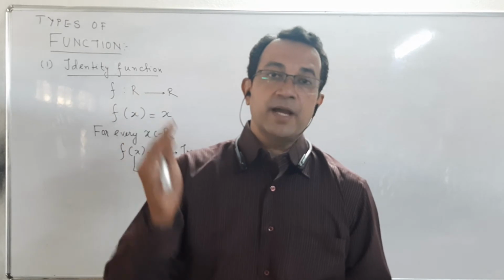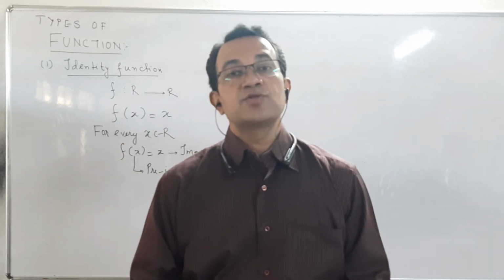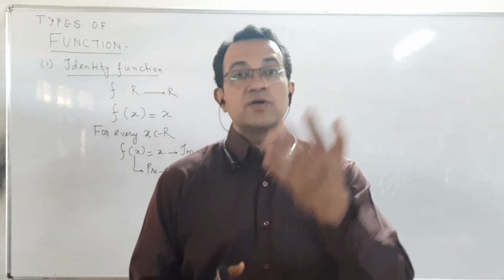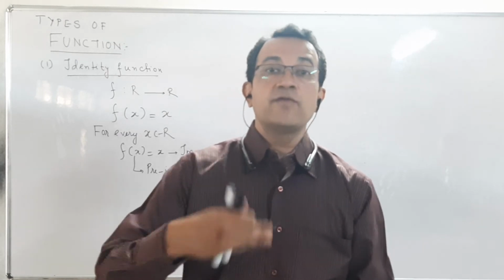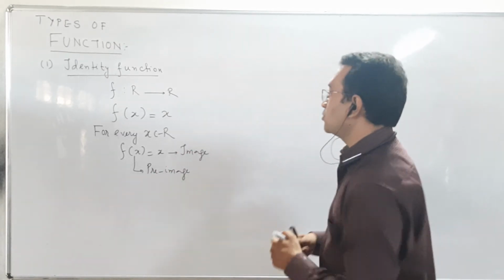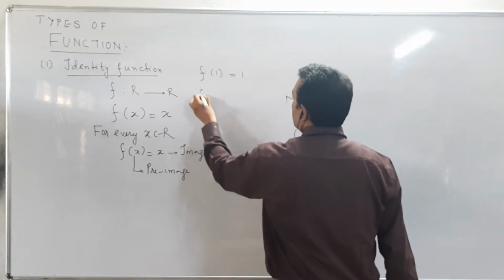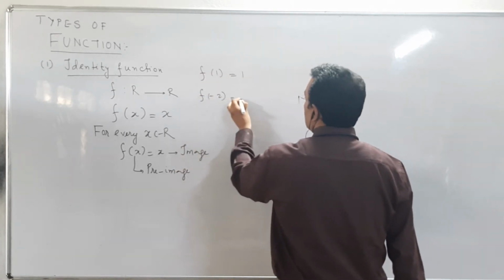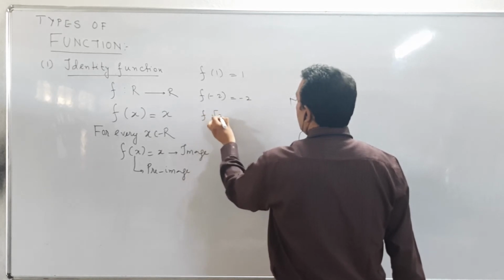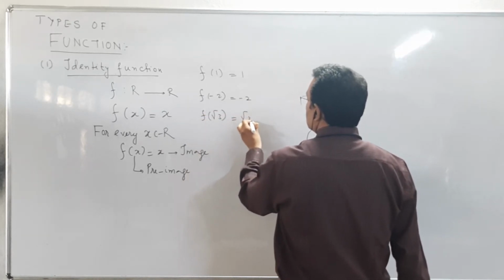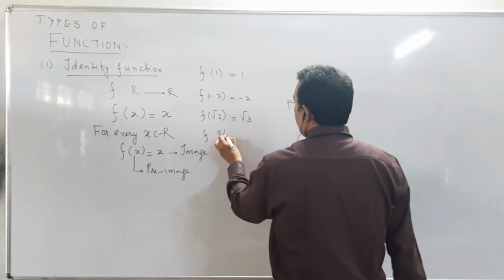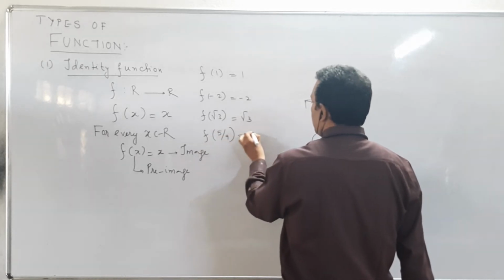If I write x as minus 2, then f of minus 2 will be minus 2. Because our domain is R. If I write root 3, then f of root 3 is root 3. F of 1 is 1. F of minus 2 is minus 2. F of root 3 is root 3. F of 5 by 9 is 5 by 9.